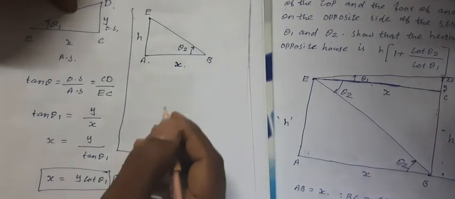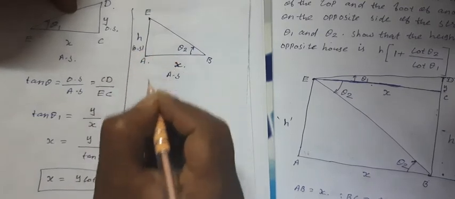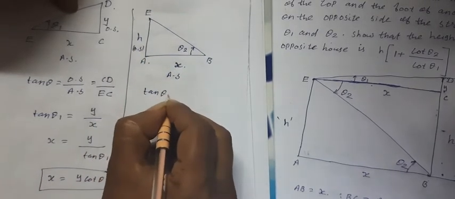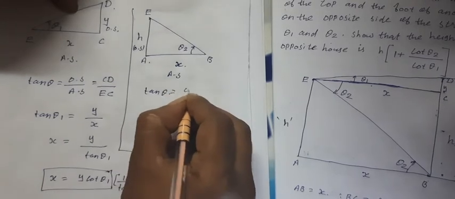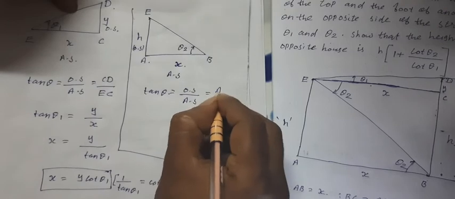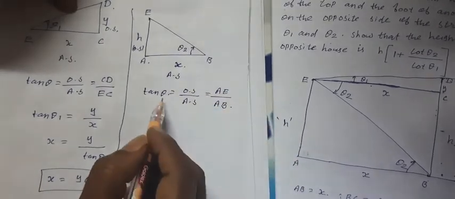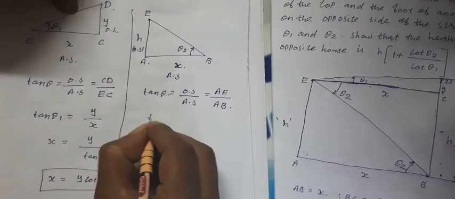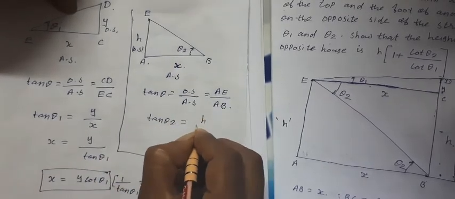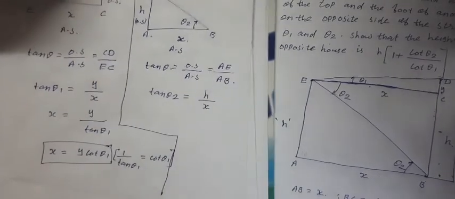So this is the adjacent side and this one is the opposite side. Use tan theta, which is equal to opposite side by adjacent side. Here the opposite side is AE and the adjacent side is AB, and theta is theta 2. So tan theta 2 is equal to h by x.